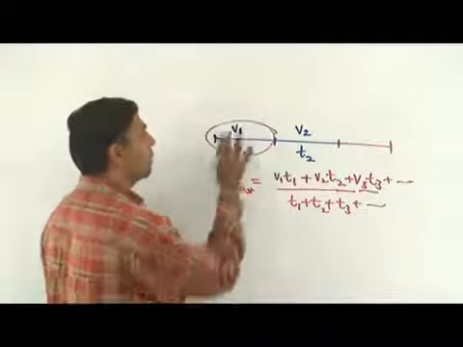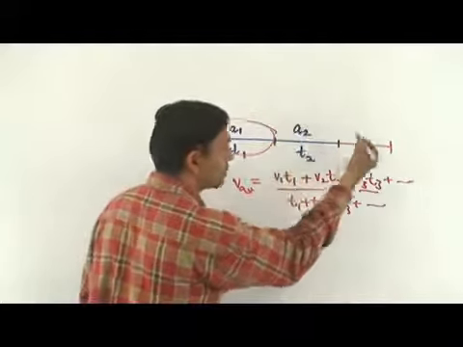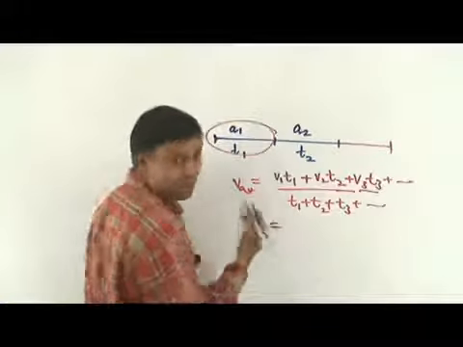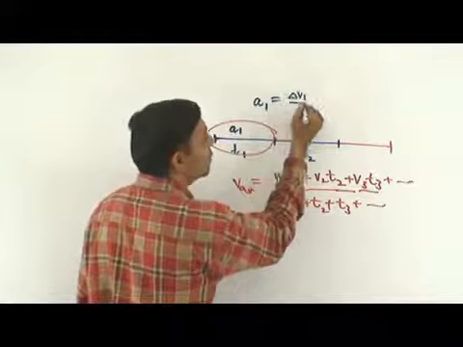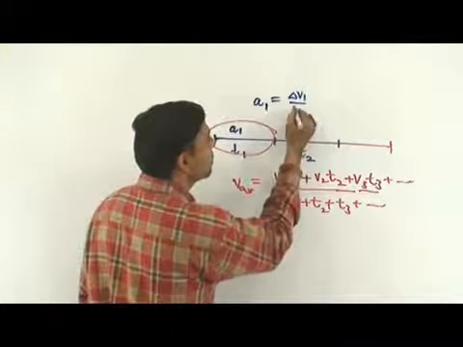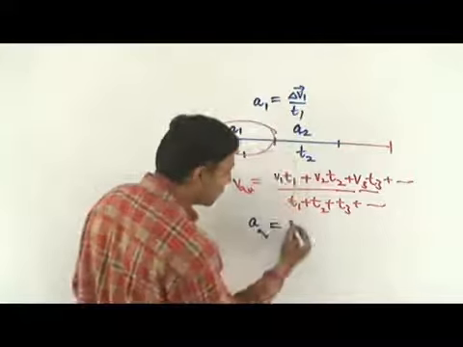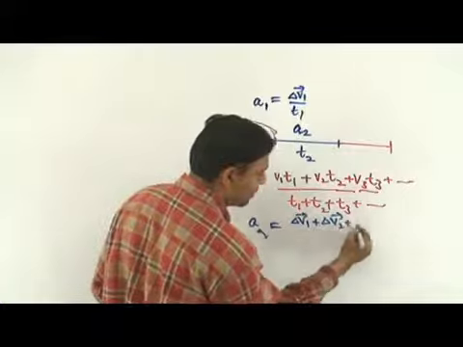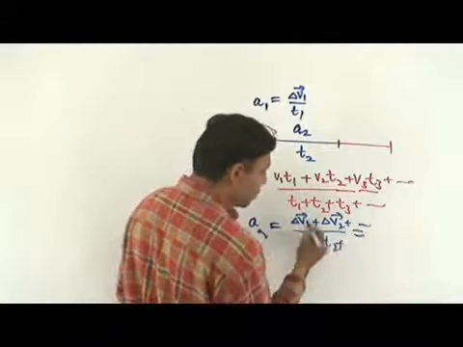Similarly, if a body is having an acceleration a1 for time t1, an acceleration a2 for time t2, an acceleration a3 for time t3 and so on, then average acceleration, as usual, is total change in velocity by total time. We know acceleration a1 will be change in velocity 1 in that duration by time t1. So change in velocity 1, this delta v1, will be a1 t1. So average acceleration is total change in velocity by total time. Well, total time is t1 plus t2 and so on. Okay. So what is delta v1?